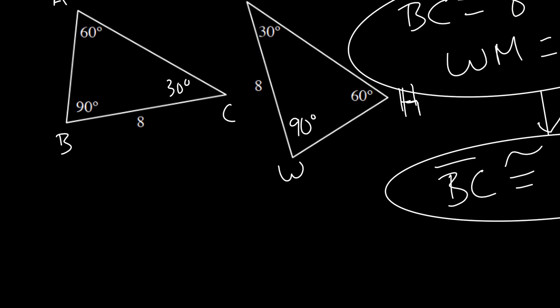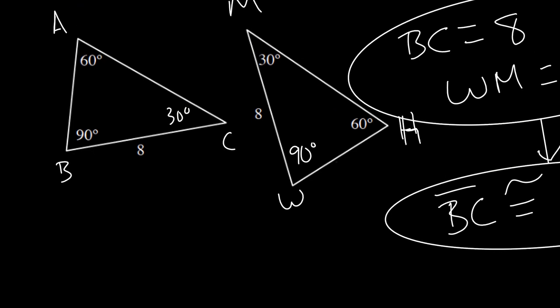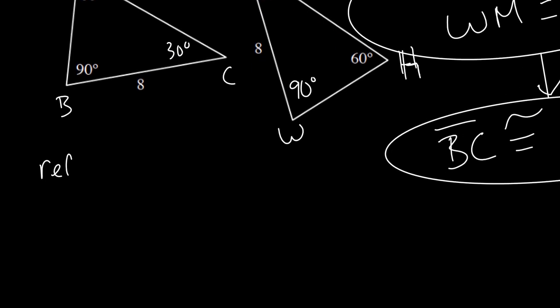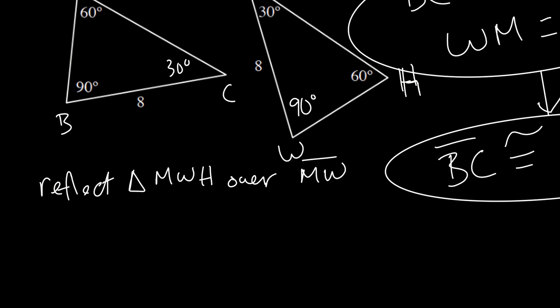So I would say, I'll just take the triangle MWH and reflect it over segment MW. So when I reflect it across, it becomes this triangle like this, right? So the 90 would still be here, this would be the 60, and this would be the 30. But at that point I could then do the rotation that would map them up.